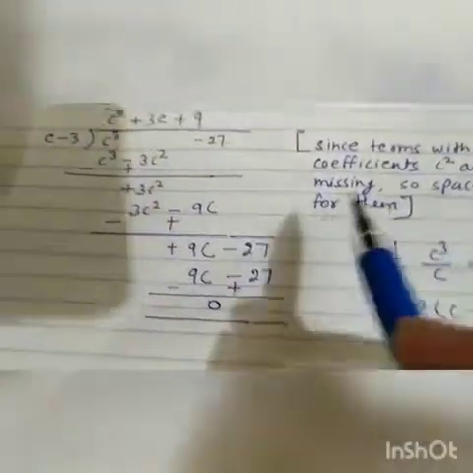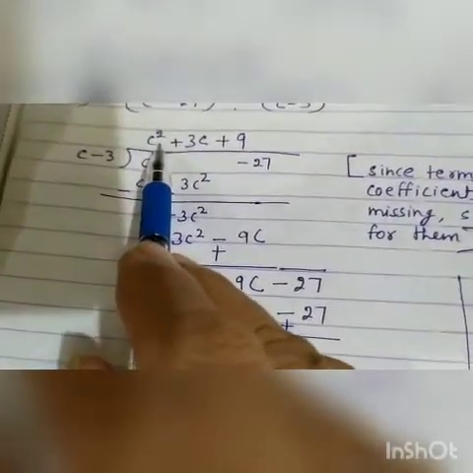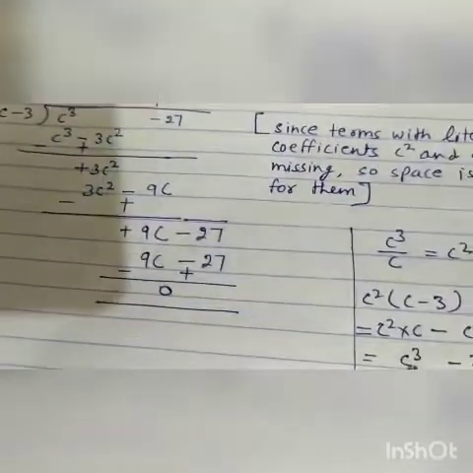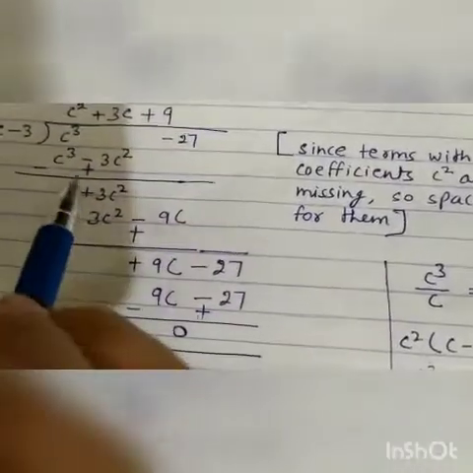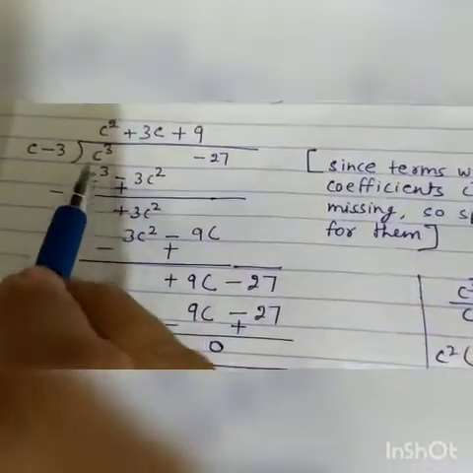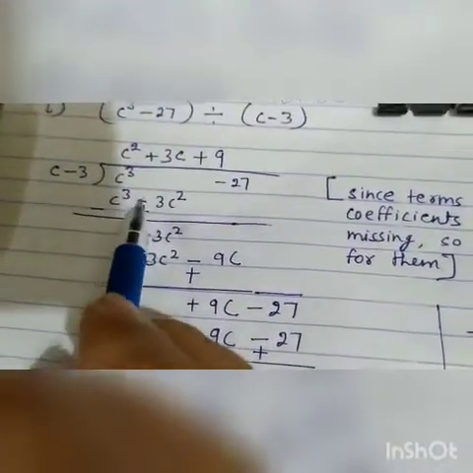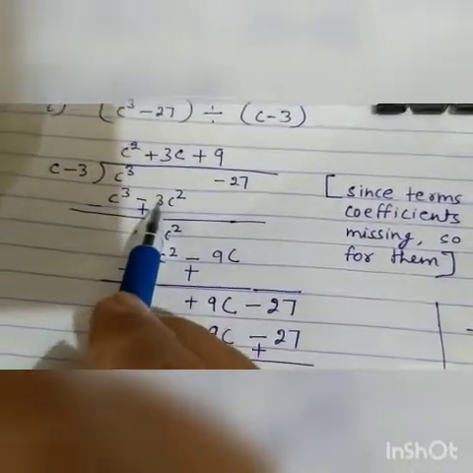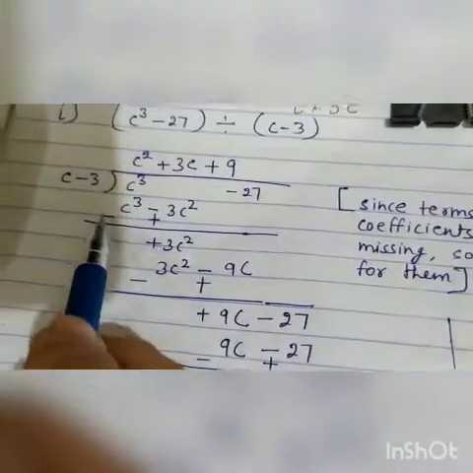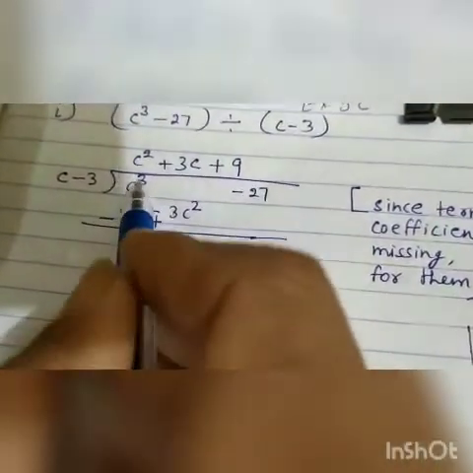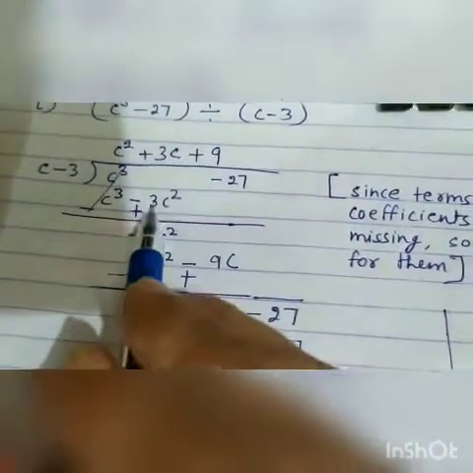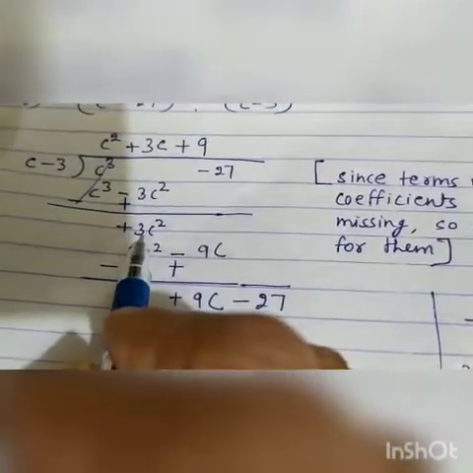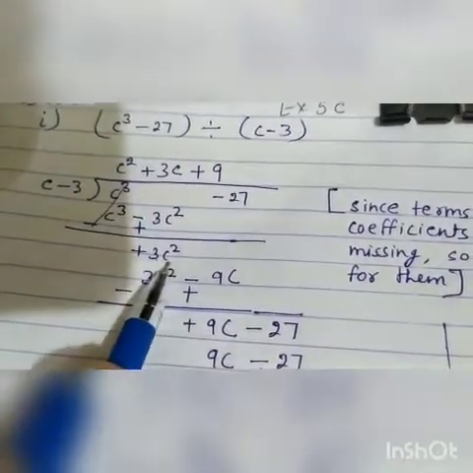So write this c square as quotient here and this product c cube minus 3c square. We will write like this, c cube below c cube, then minus 3c square here below the space left. Now change the sign. C cube minus c cube cancel. Now it is plus 3c square, not minus. Plus 3c square is here.